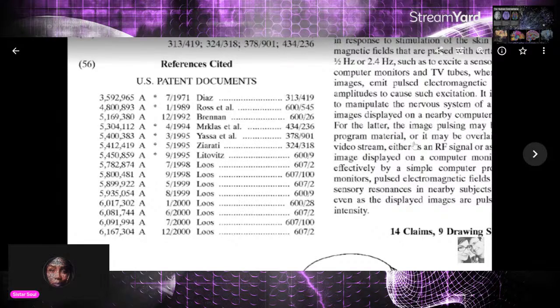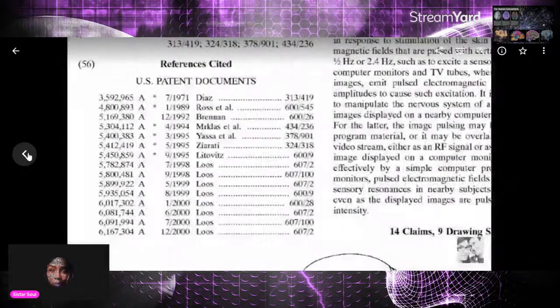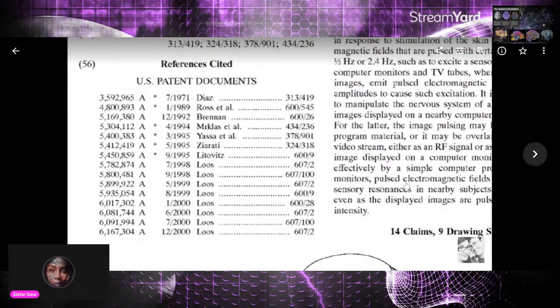For the latter, the image pulsing may be a program or material, or it may be an overlaying video stream, either as an RF signal or a signed image displayed on a computer monitor effectively, by simple computer programming of the monitors.